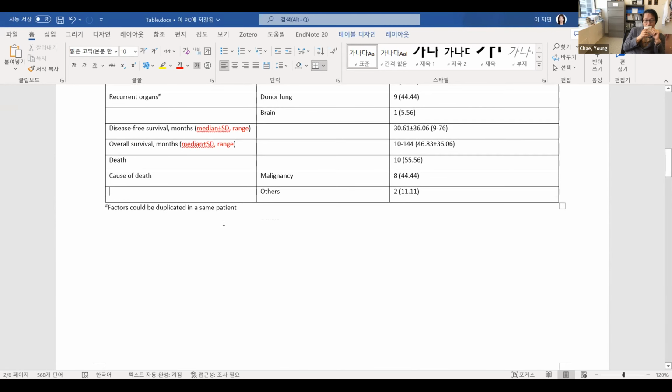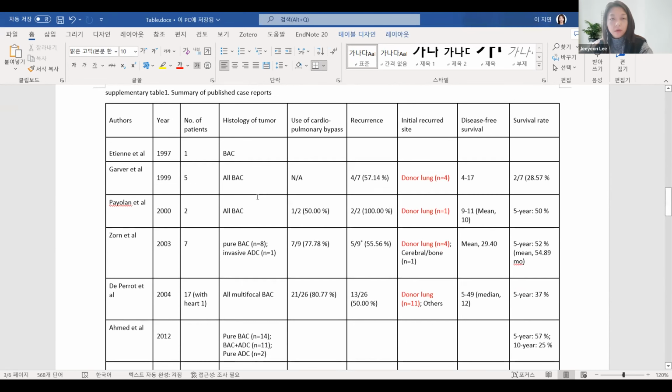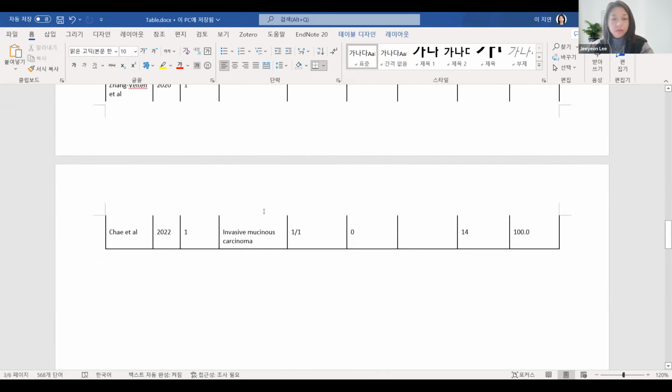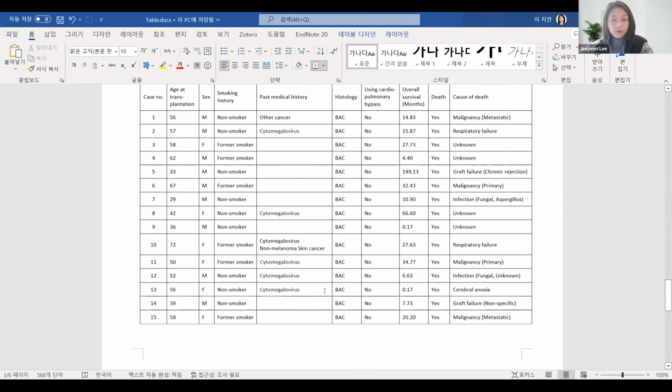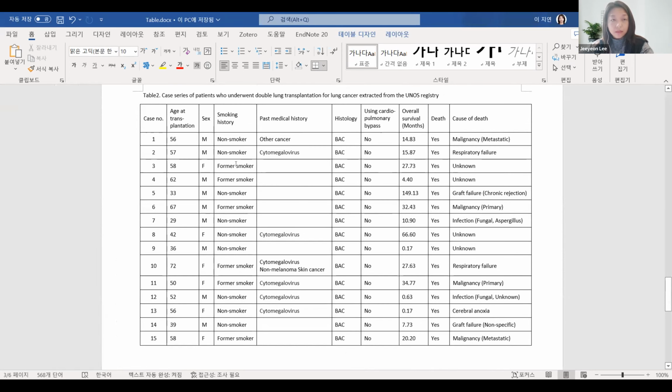Can I move on to the next table? Okay, this is the supplementary table. I'm still working on this one, so let's pass it. And this is the UNOS data. There were 15 cases. We could get these clinical outcomes from the data.